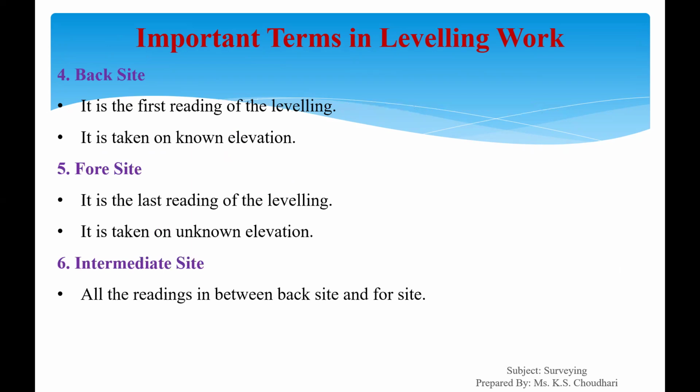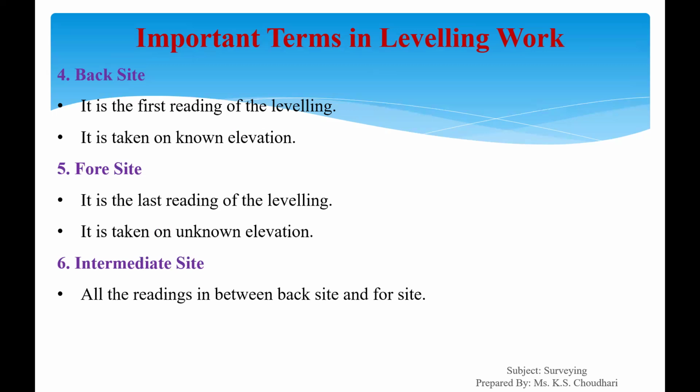Backsight reading. It is the first reading of the leveling. It is taken on known elevation. Now, the foresight reading. It is the last reading of the leveling and it is taken on the unknown elevation. Intermediate sight reading.